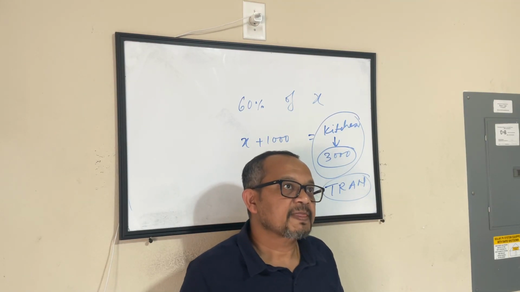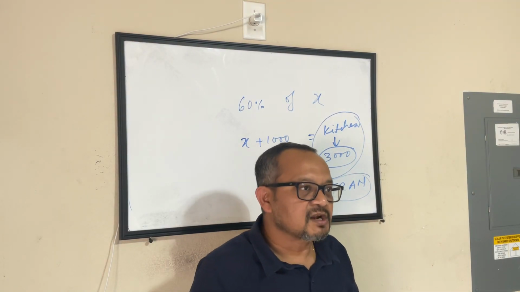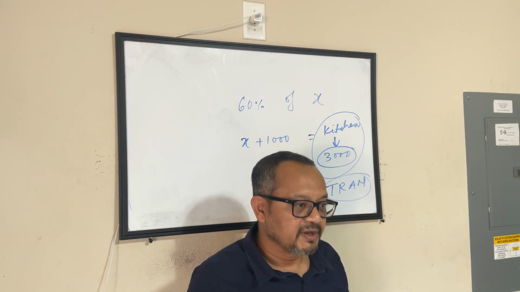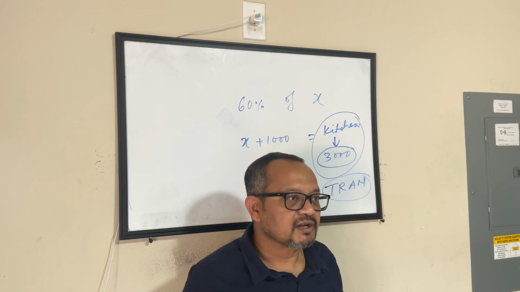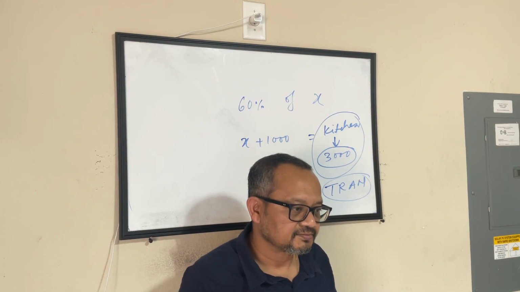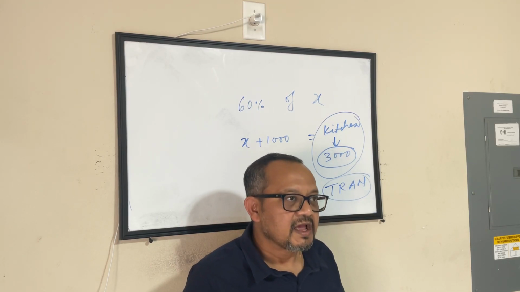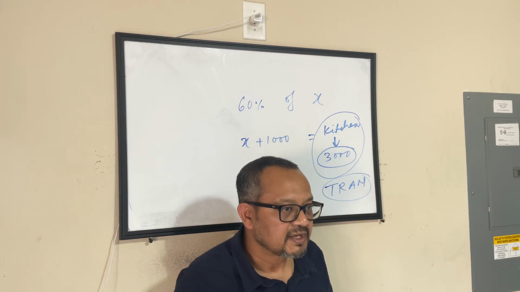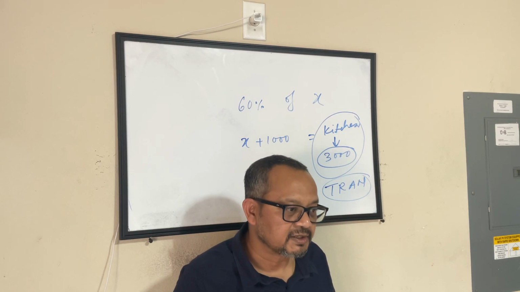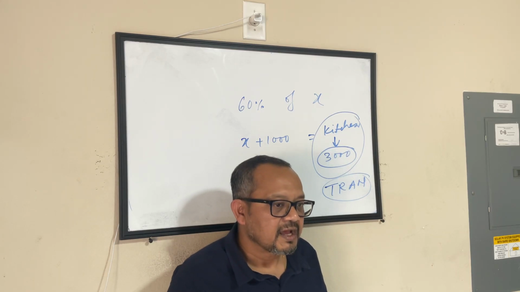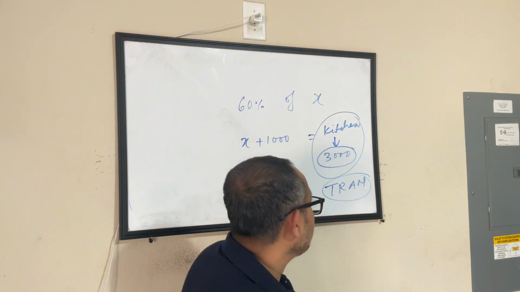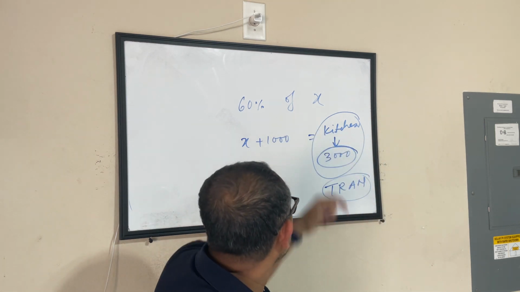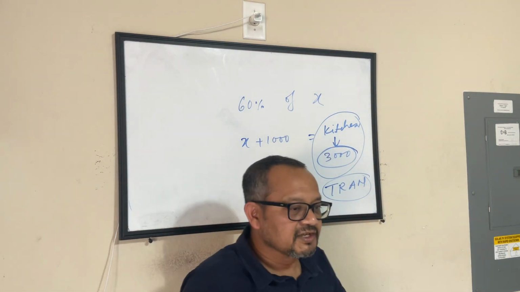I make certain money by teaching kids. Whatever money I make, 60% of that goes for a social cause. Whatever money I spend for the social cause, if I add $1,000 to it, that'll be enough for me to remodel my kitchen, which needs this much money. Now tell me how much money I'm making by teaching you guys.